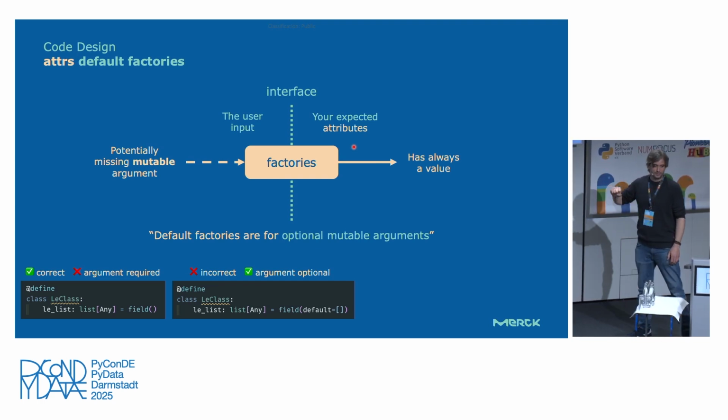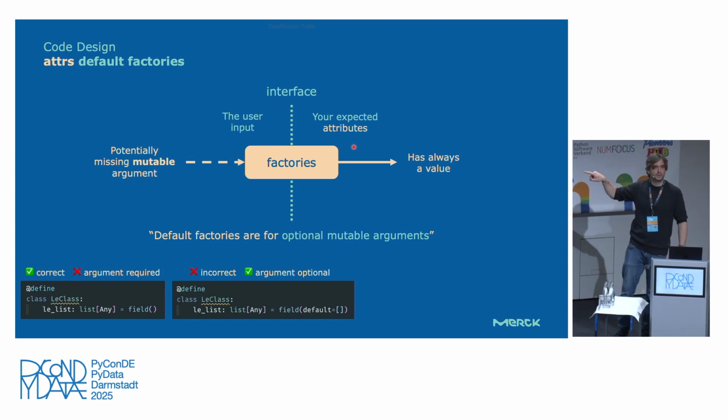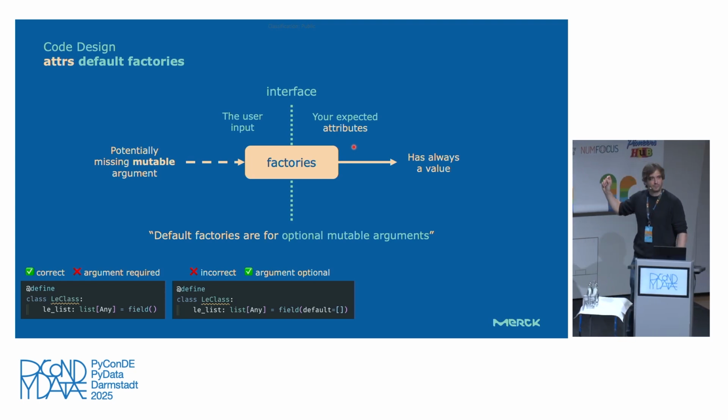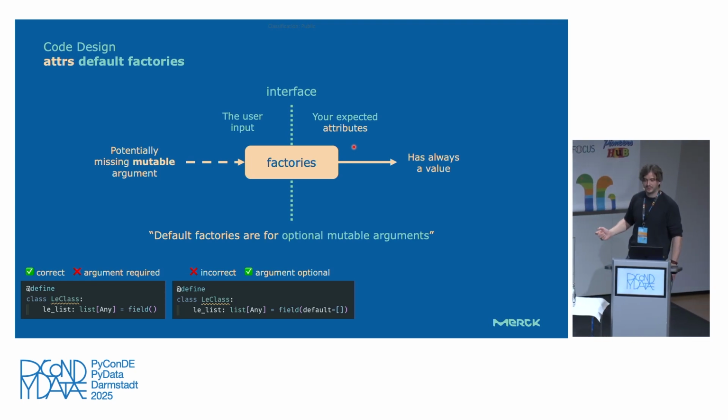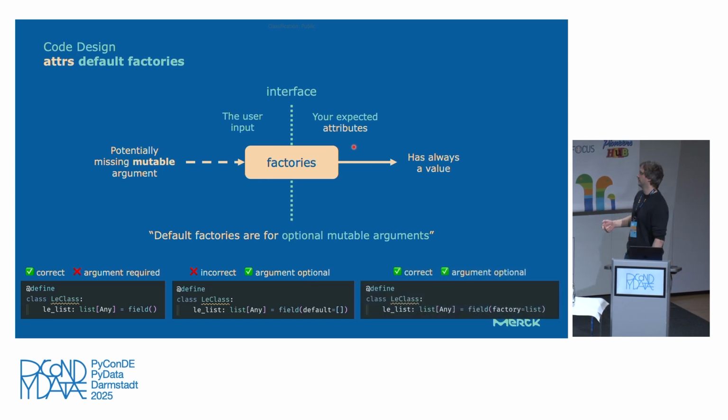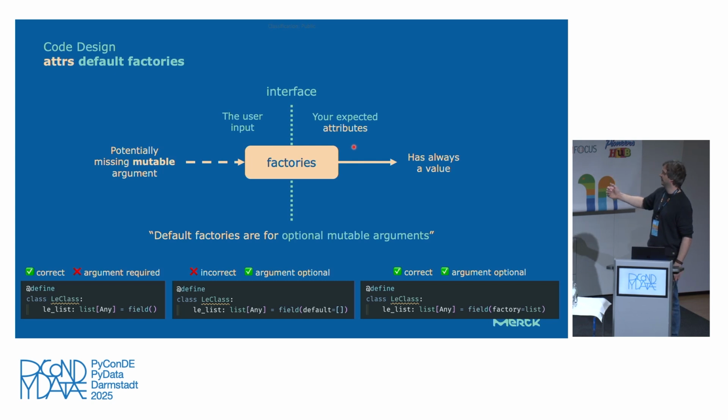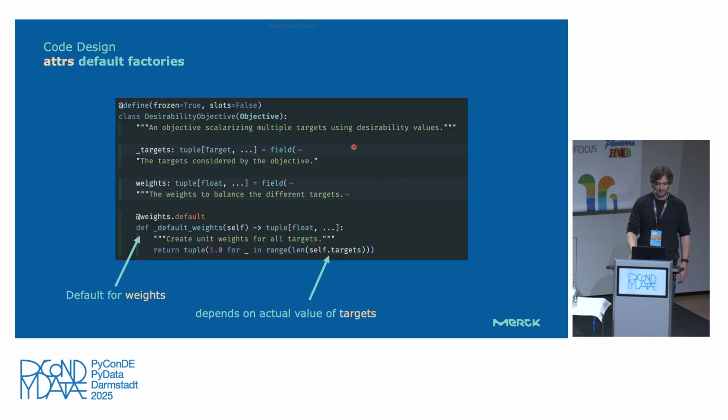It's not a good idea to put a mutable argument here in the class definition, because this object would be created at initialization time and would then be shared across instances. So the right way here is to use one of these factories, which says whenever you instantiate a new instance, give it a fresh list object, and this is how you would do it. So factories basically fill in the gaps for what the user does not provide when instantiating an object.